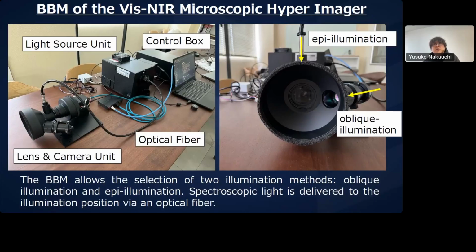The spectroscopic light is delivered to the illumination position via the fiber. The BBM allows the selection of two illumination methods for experiments. We chose the illumination position.